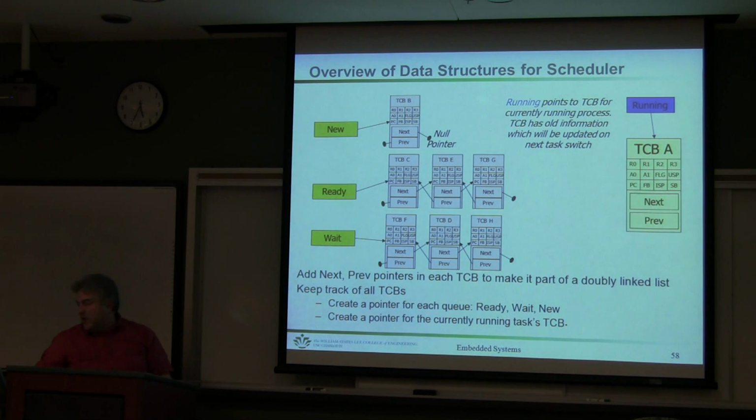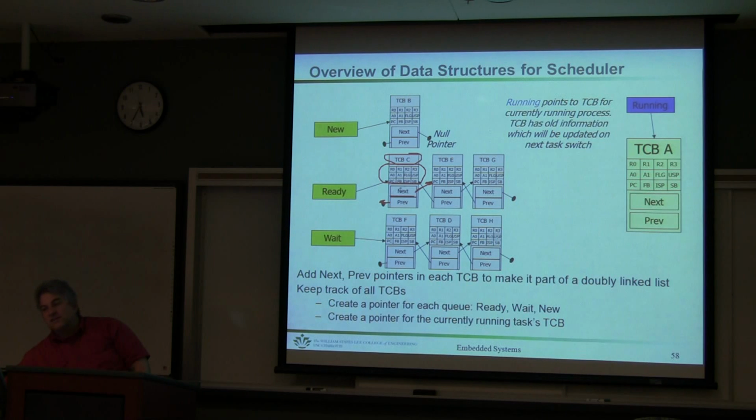What we will use is what we call doubly linked lists. We've seen this before. The thread control block or the task control block, again, we're storing all the registers. This is the important information that is associated with the microcontroller. Then it will also have a pointer to the next task control block, and it also has one to the previous one.